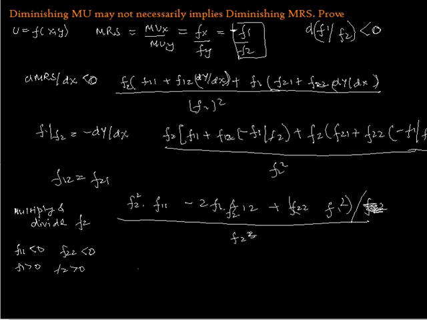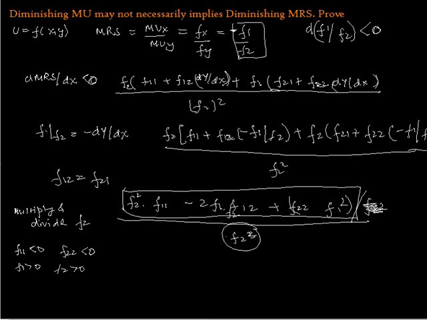What exactly you will be getting is that MRS will diminish, provided this numerator is going to be less than 0. You're not concerned about f2 cube because this is always positive, since you have assumed that f2 is greater than 0. So you need to care about this numerator to be negative.